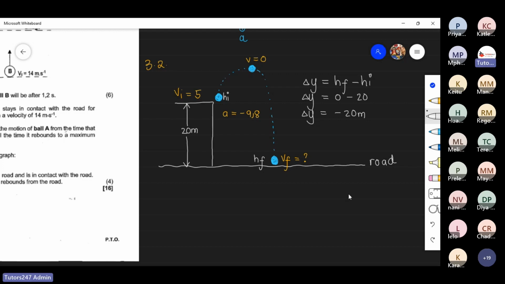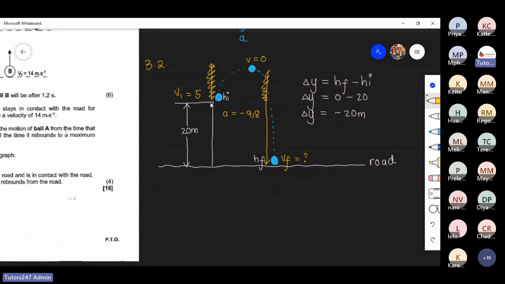Alternatively, if you don't want to use the formula, you can use vectors. How we would use vectors is we'd state we've got a displacement vector going up because the ball moved upwards. Then we have a displacement vector moving downwards because the ball then moved downwards. As you can see, this displacement cancelled out this displacement.